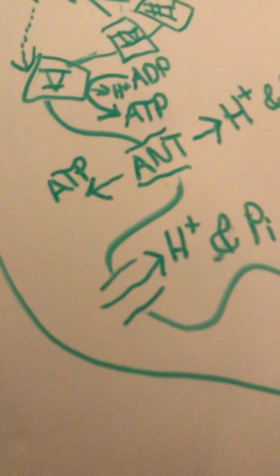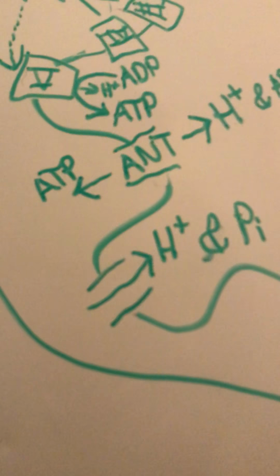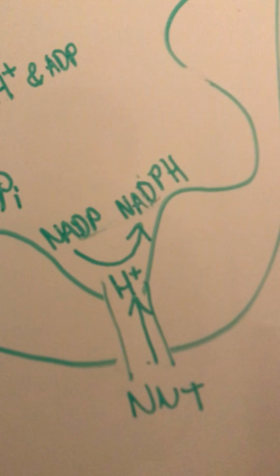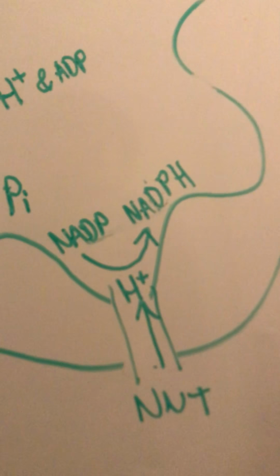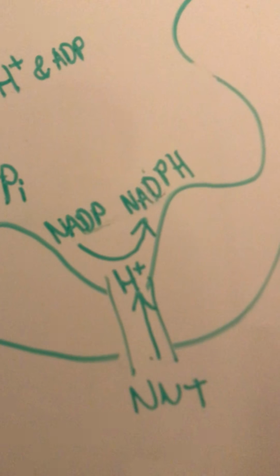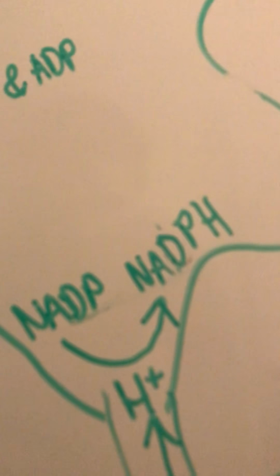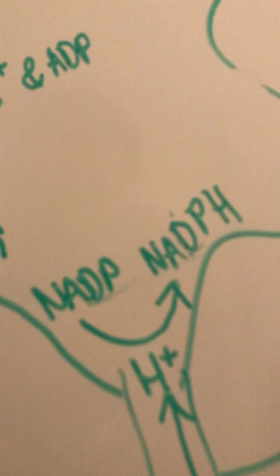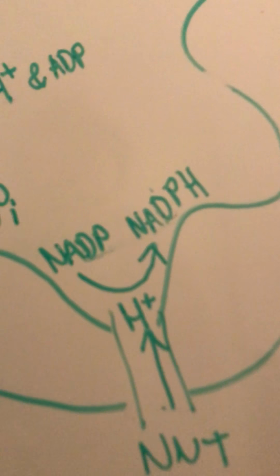All three of those are responsible for pumping hydrogen ions back into the matrix. And lastly, we have NNT, which also pumps hydrogen ions into the matrix and also helps reduce NADP to NADPH. And NADPH has important reactive oxidative species roles.